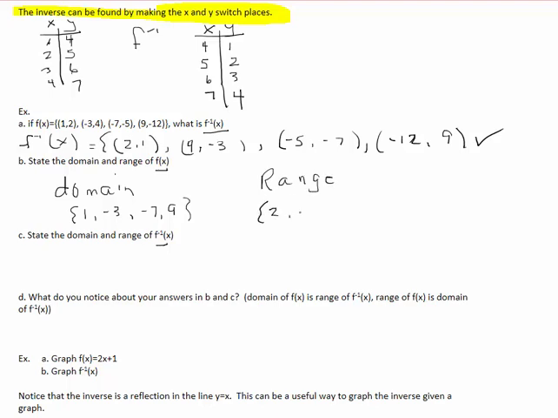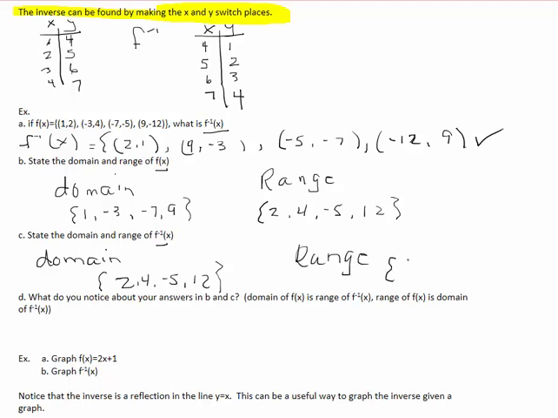So our y values are 2, 4, -5, and 12. So if we're looking for the domain and range for the inverse, then we have to be careful that now the order is backwards. So here for the domain, it is 2, 4, -5, and 12. And the range is 1, -3, -7, and 9.